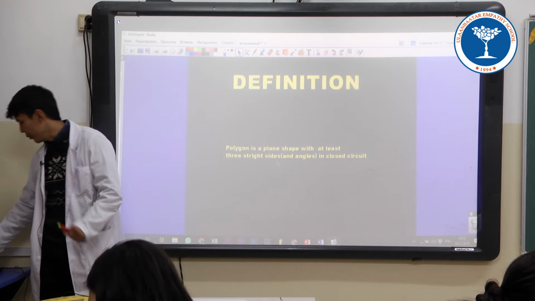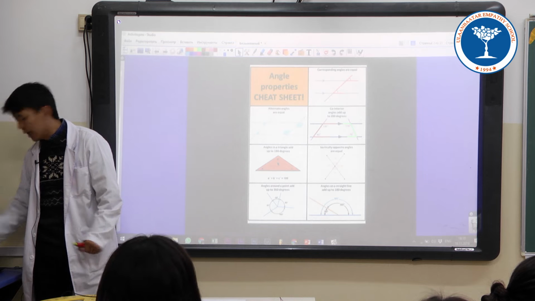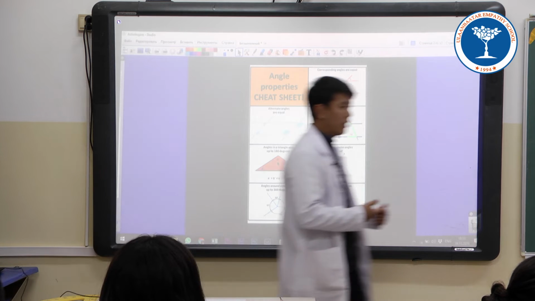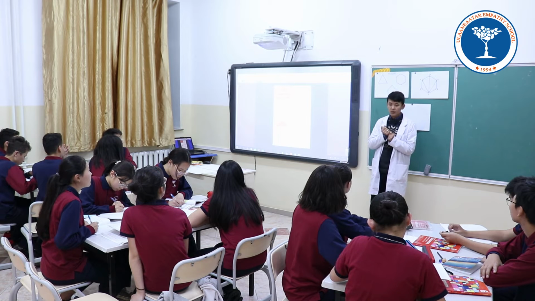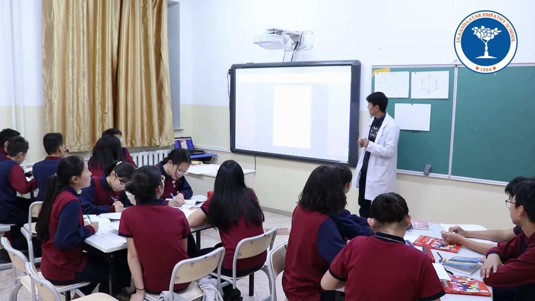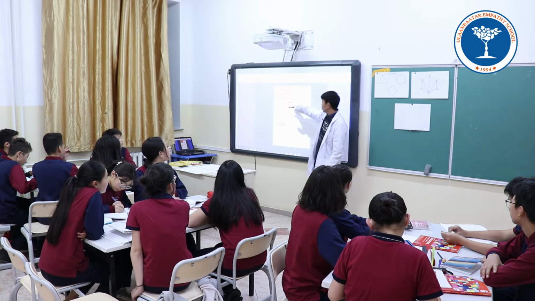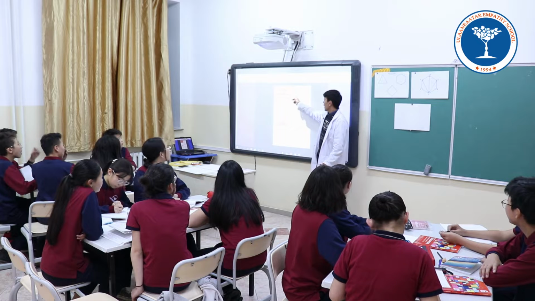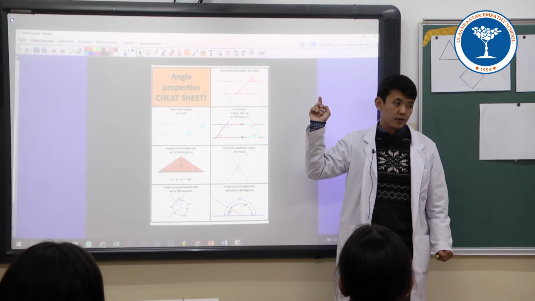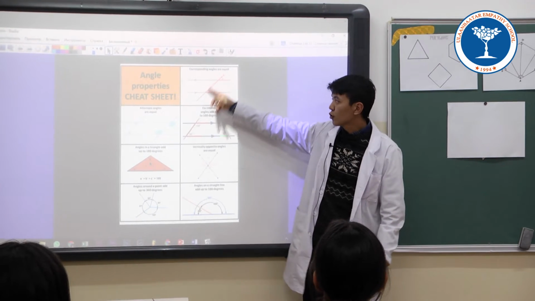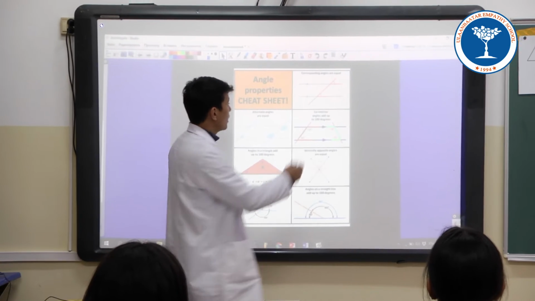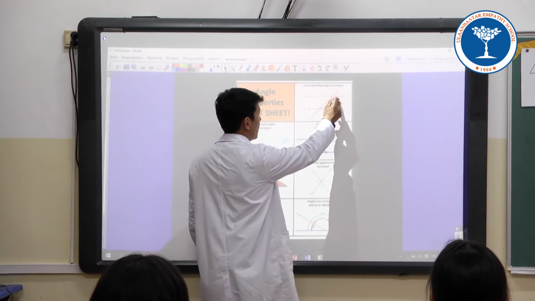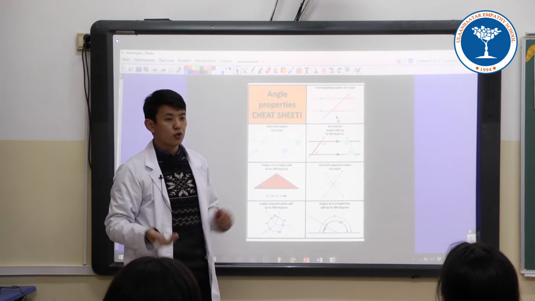Now, before we begin with polygons, I would like to remind you of some angle properties. Let's look at this again. Angle property cheat sheet. Now, we have 2 parallel lines. They are parallel to each other. And if you cross one line across them, this angle and this angle will be equal to each other.